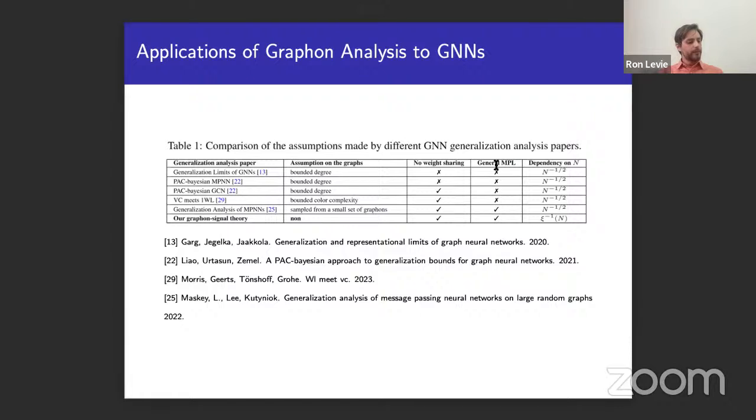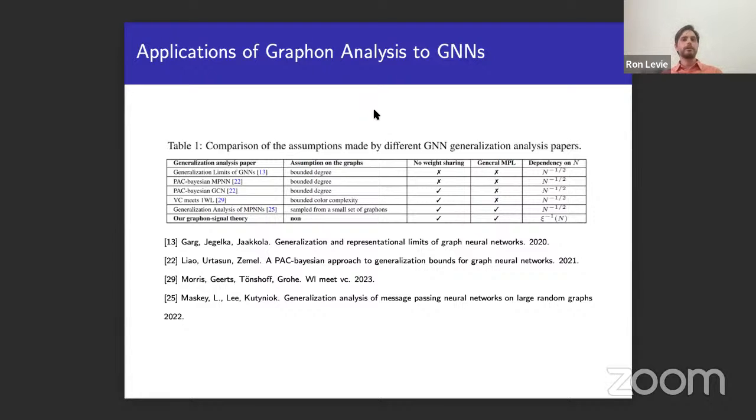So if you compare it to past works that analyzed or bounded the generalization gap, in all of the past works, you need to have many assumptions. So you have assumptions on the data distribution. For example, you assume that the degree of the graph is bounded.